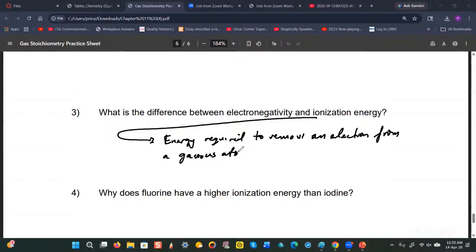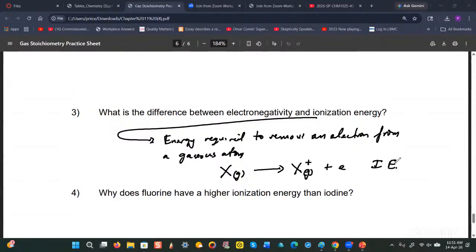In other words, if you have an atom X in a gaseous state and you remove an electron to form the gaseous ion, then the energy required for this is the ionization energy.